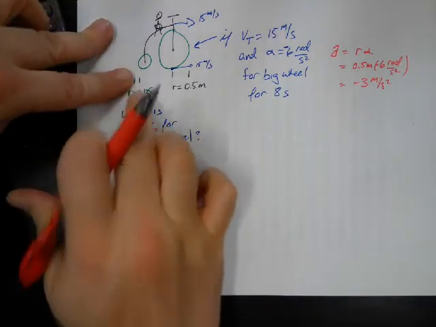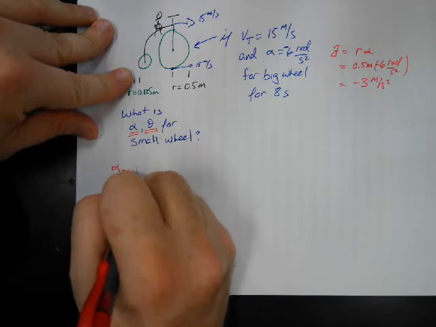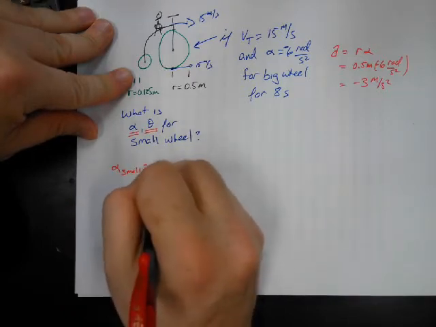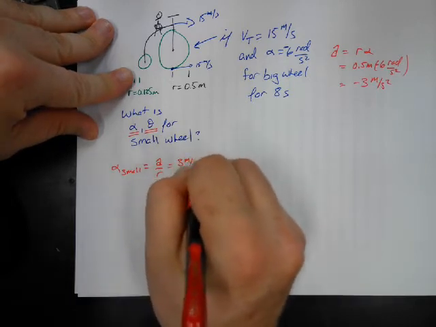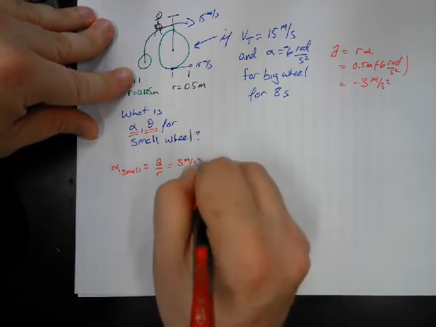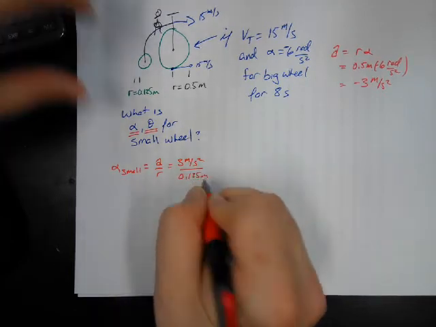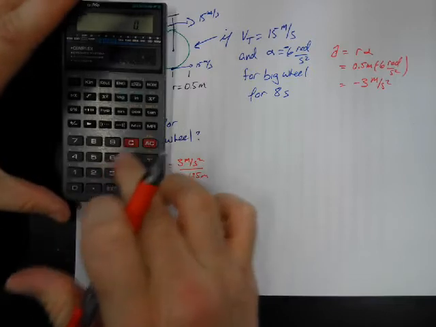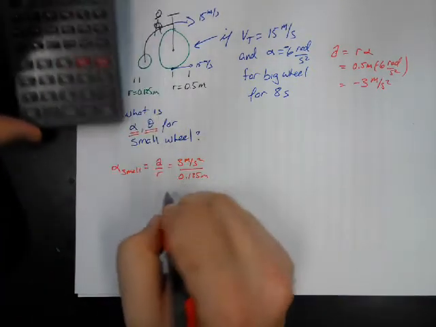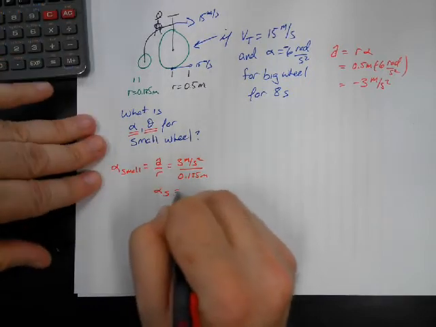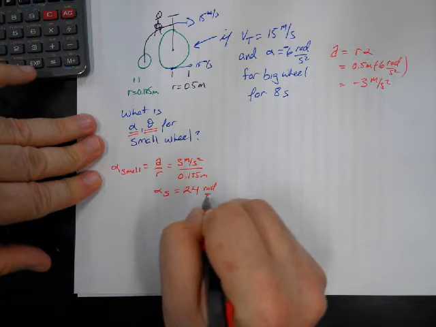And so now we can say, for the small wheel, alpha small is acceleration over R, is 3 meters per second squared divided by 0.125 meters. We'll do some math quickly on the calculator, but what we find is that alpha small is 24 radians per second squared.